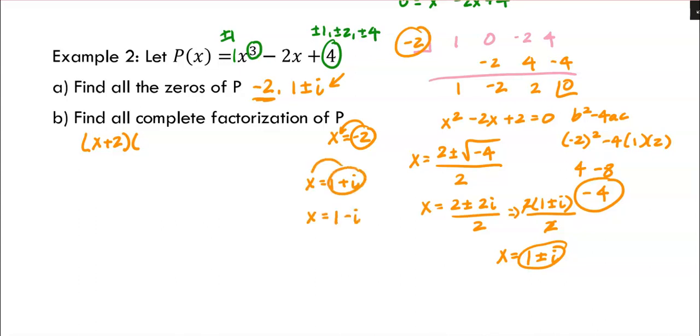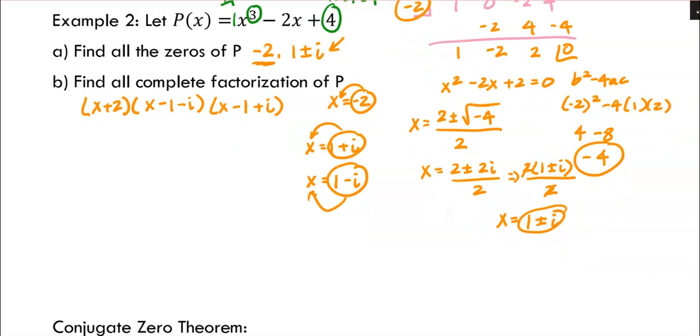Move both of these to the left-hand side with a 0 on the right side. So x minus 1 minus i, and x minus 1 plus i. Okay, good job.